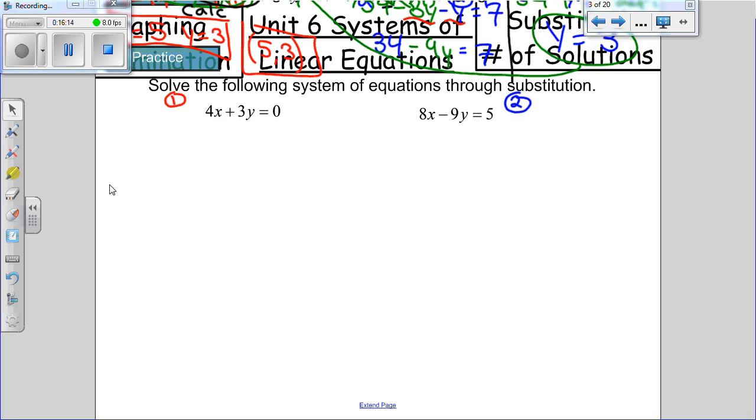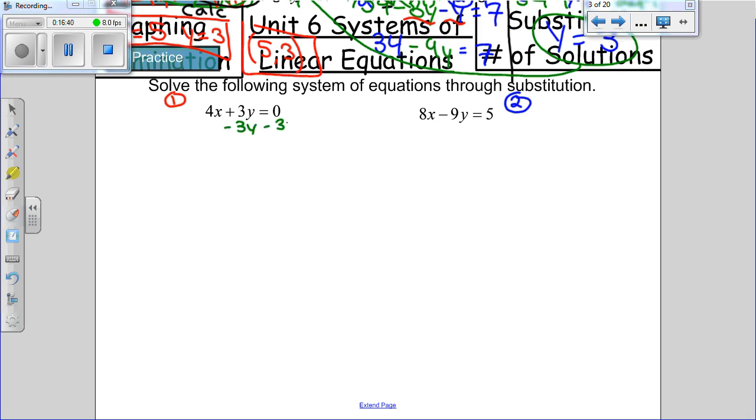Inside of equation 1, you now have to isolate x or y. You have to get x or y by itself. See what it equals. It doesn't matter which one you choose. I'm going to choose to get x by itself. So if I want to get x by itself, it means I need to subtract 3y from both sides.